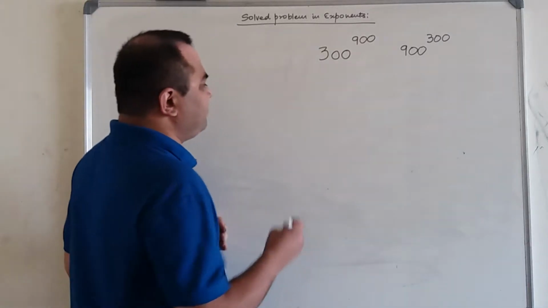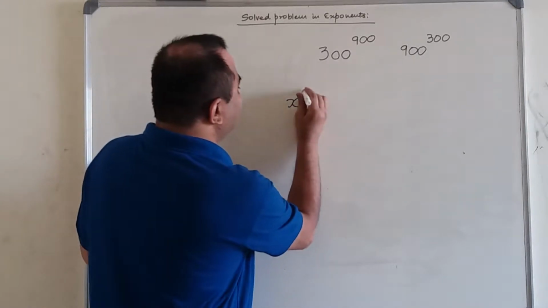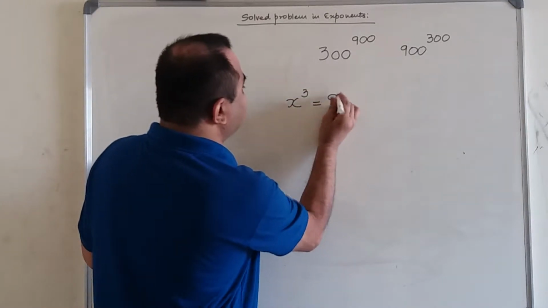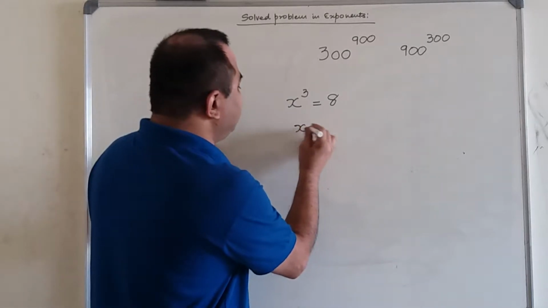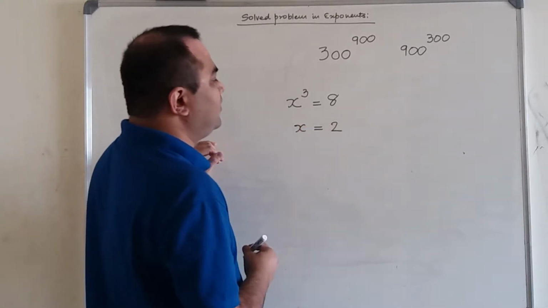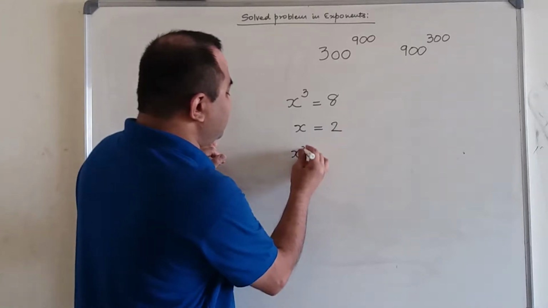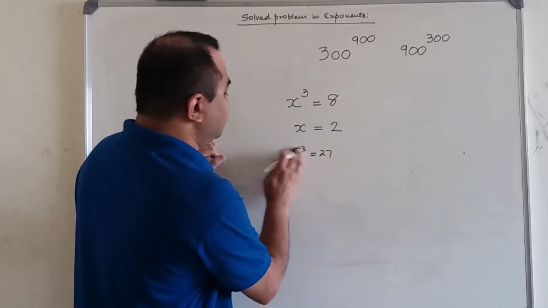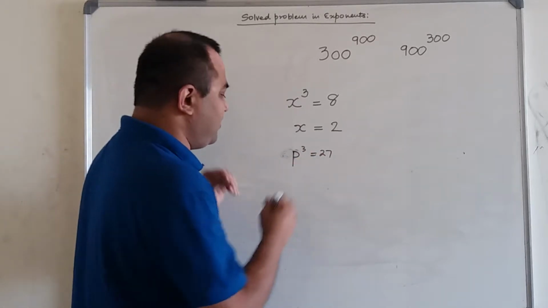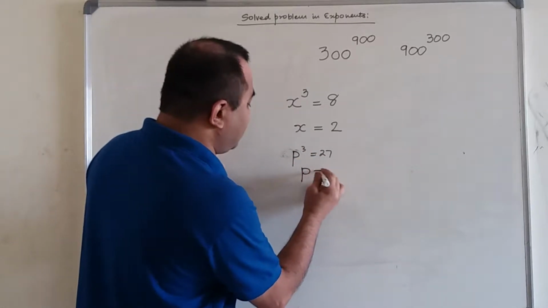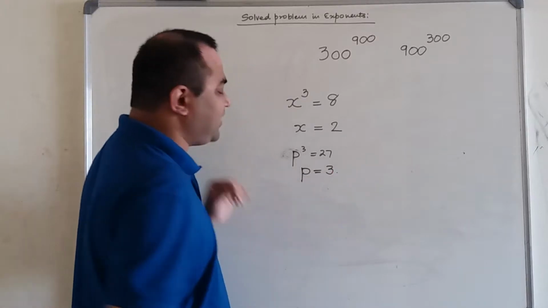So look at this. Suppose we have x cube is equal to 8. If you know, then x will be equal to 2. Suppose x cube is equal to 27, or say p cube, p raised to power 3 is 27. Then what is the value of p, the base? It will be 3.